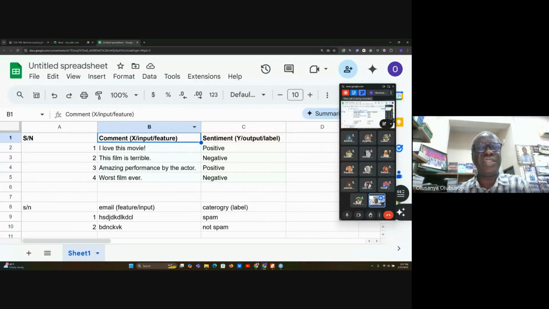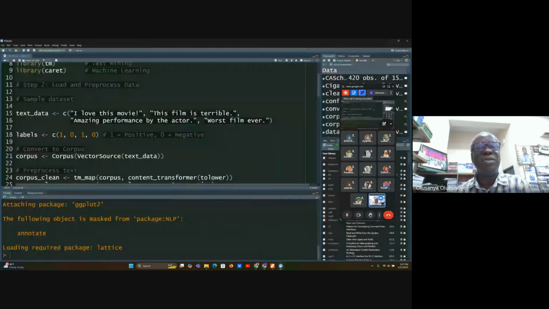It's going to collect the comments of the 4 reviewers. Each comment will be in quotation marks, because it's text, as I've told you before. The second one is also separated by a comma and is in quotes. The third one is in quotes, and the fourth one is in quotes.